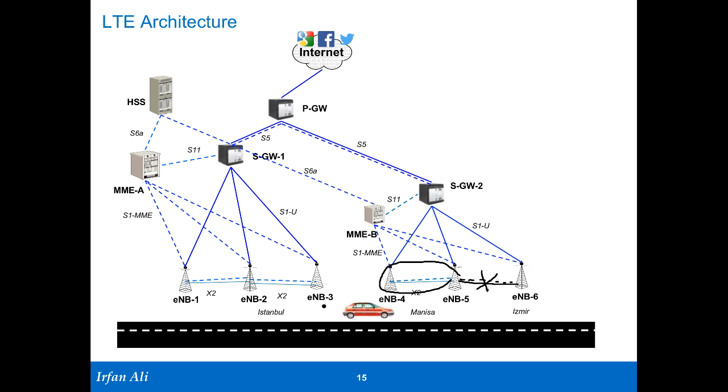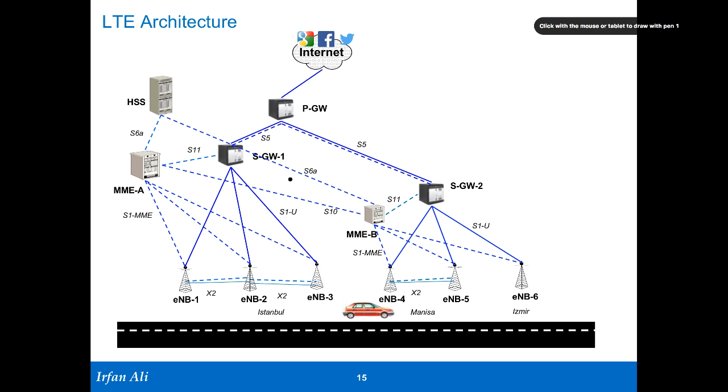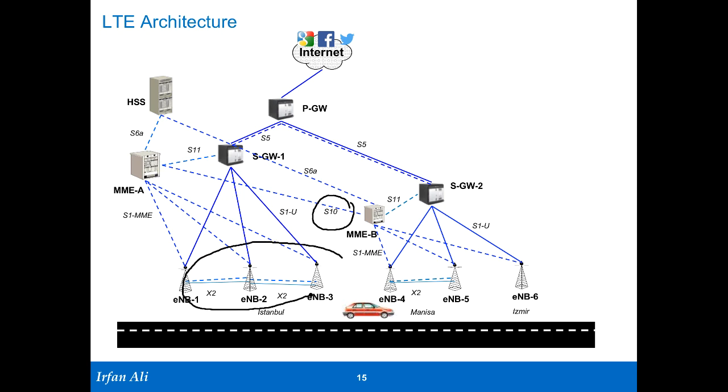Now, when you move from this base station to this base station, you need to basically do a handover. And for that handover, there is yet another interface that is needed, between these MMEs themselves, and that is called the S10 interface. That is used when you go from one subset of base stations controlled by one MME to another MME which is controlling another set of base stations.